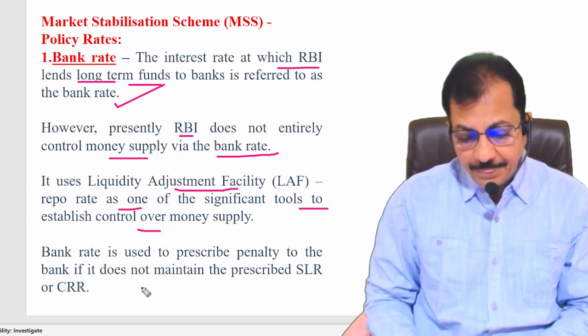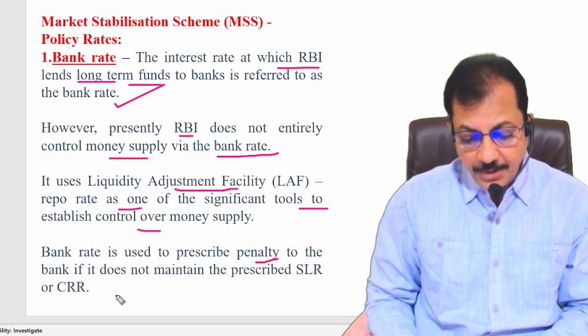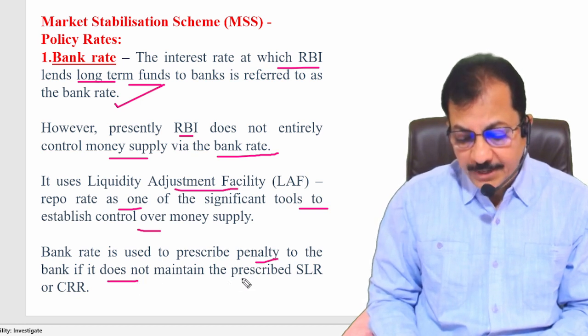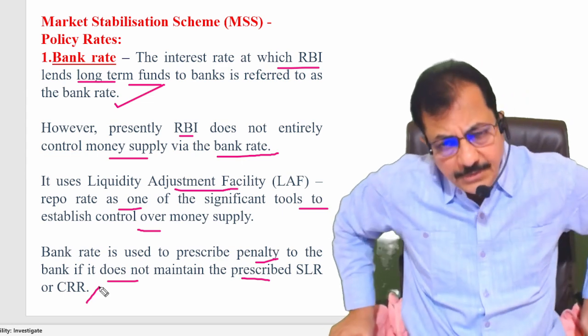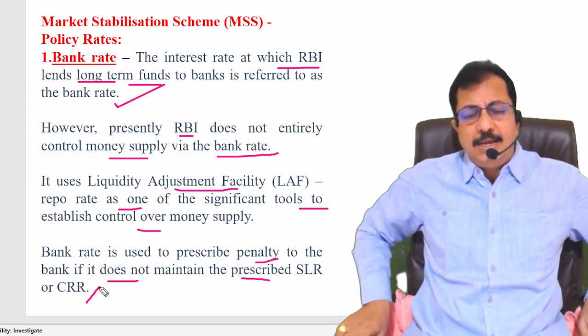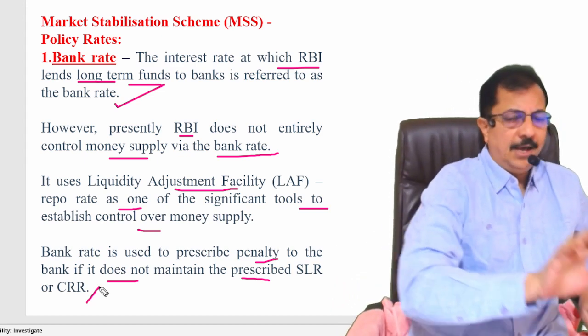Is that okay? Bank rate is used to prescribe a penalty to the bank if it does not maintain the prescribed SLR or CRR. I told you already what CRR and SLR are. These are the amounts that must be deposited with the RBI.